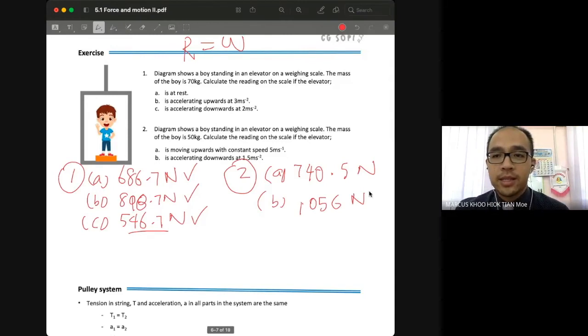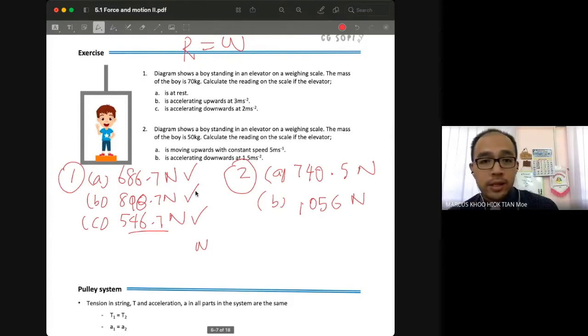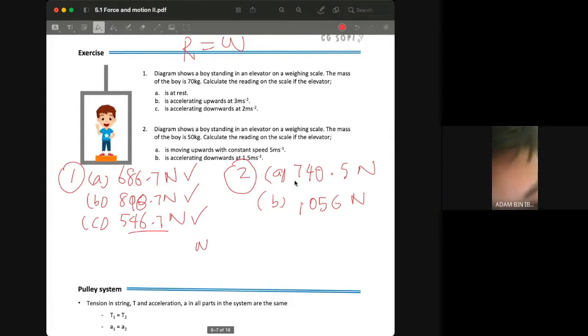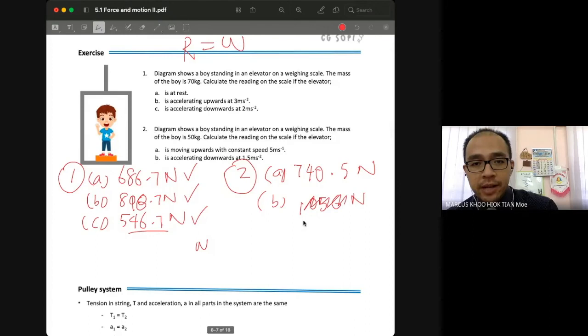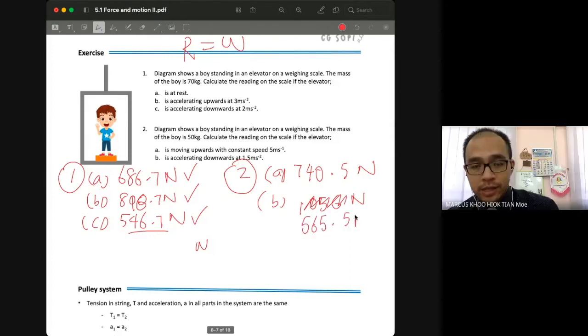Wilson is lying down on his bed and doing this already. So why don't you tell us what your answer is, Wilson? For B, 565.5 newtons. Okay.